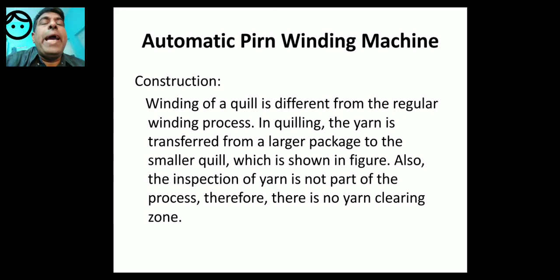Conversion of small package to big package is known as warp winding or autoconer winding or link coner winding. But here in weft winding, the cone or cheese is converted into a pirn, a compact pirn which is a smaller package. So the conversion of a bigger package to a smaller package is called pirn winding or weft winding.